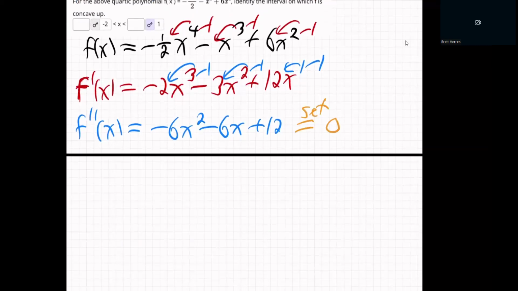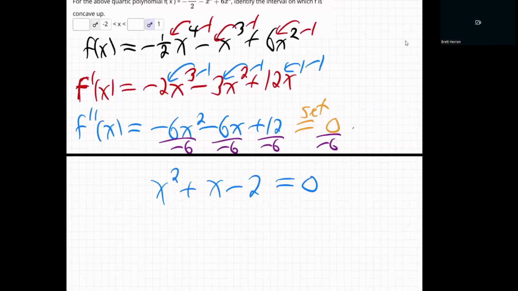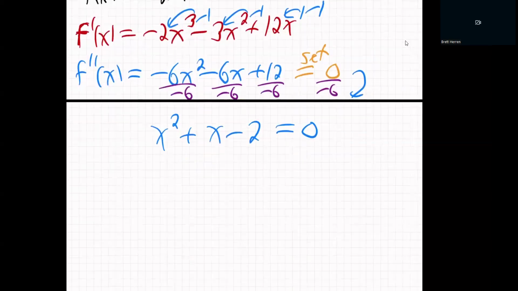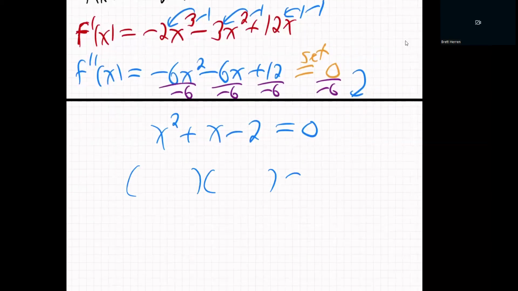Now, how do I solve that for x? Well, you notice you can factor out a minus, or just divide. Let's get rid of it. Don't even need to factor, just divide by minus 6. And so what do we get? x squared plus x minus 2 is 0, because 0 over anything is 0. So that's nice, you can factor that.